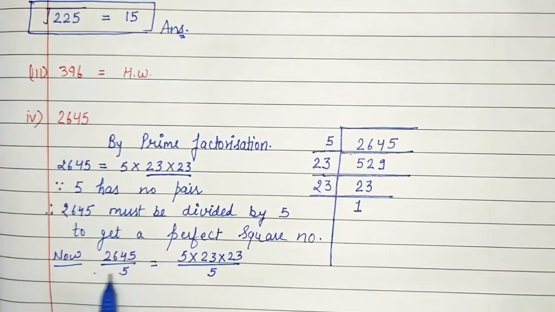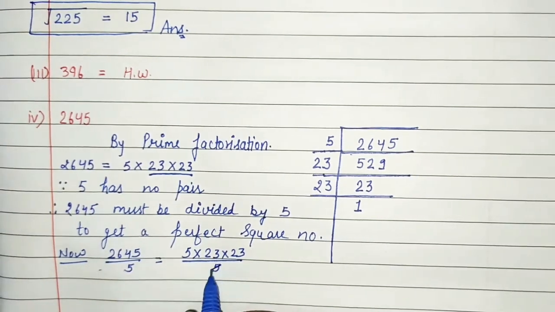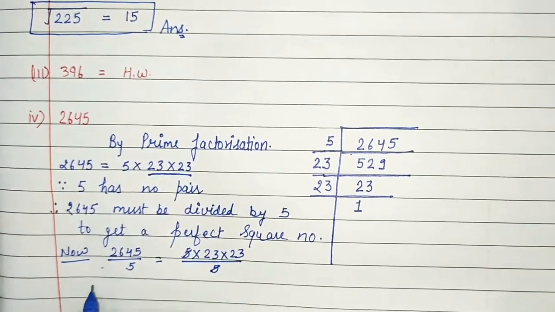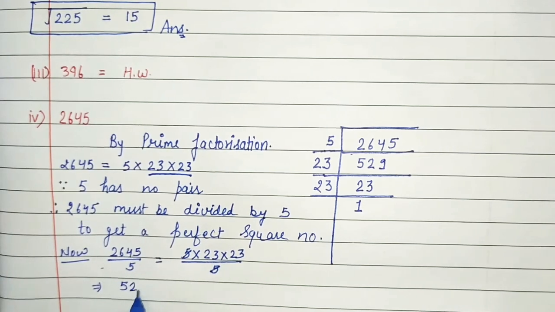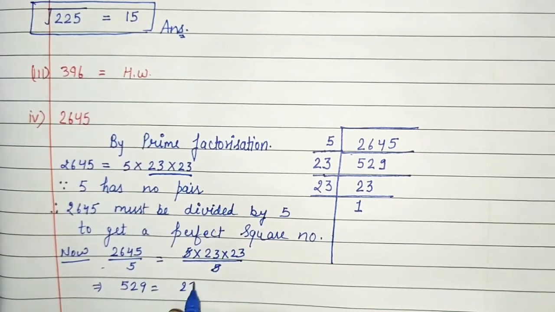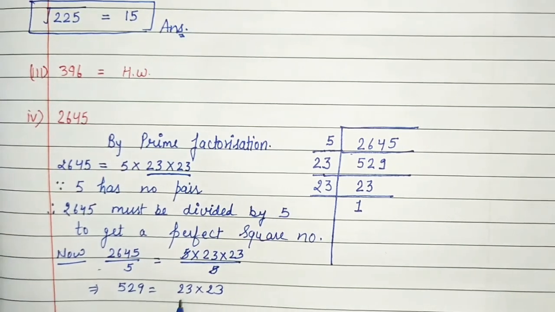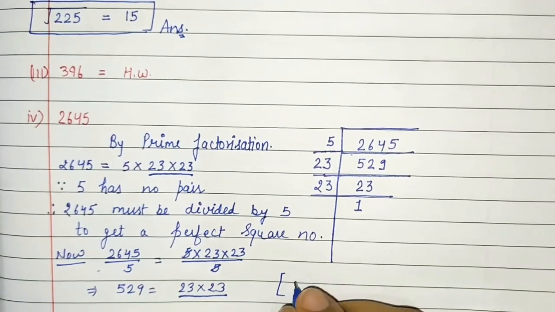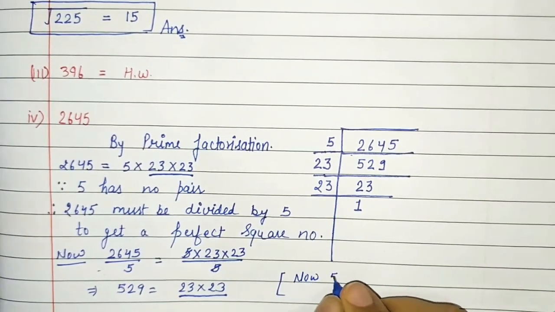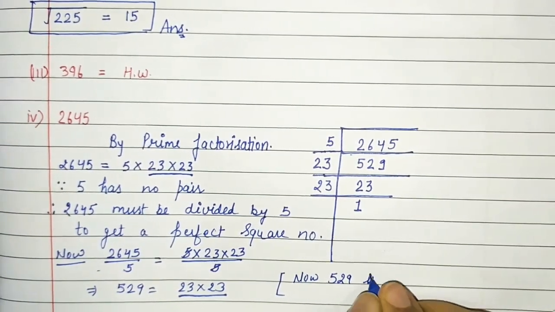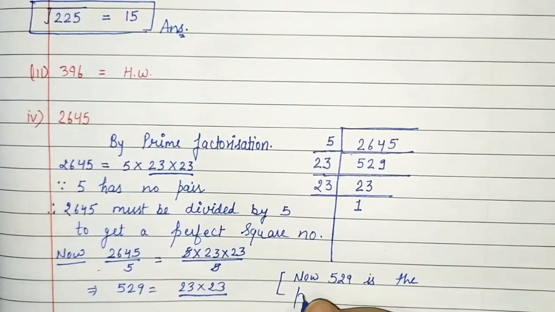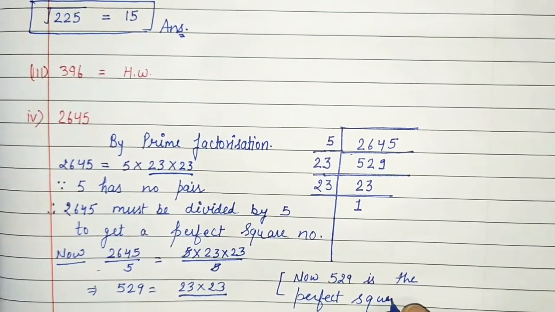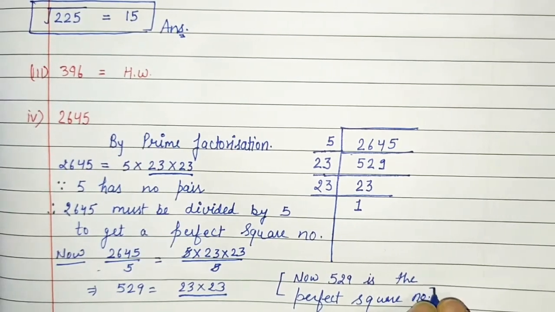Now divide 5 both sides. 5 cancel out. Here you will get 529 and the answer is here 23 into 23 because this number has the pair. So now 529 is the perfect square number.